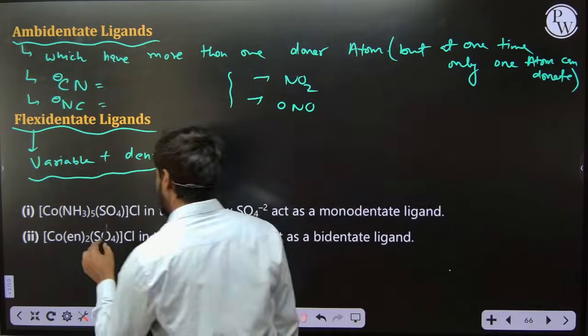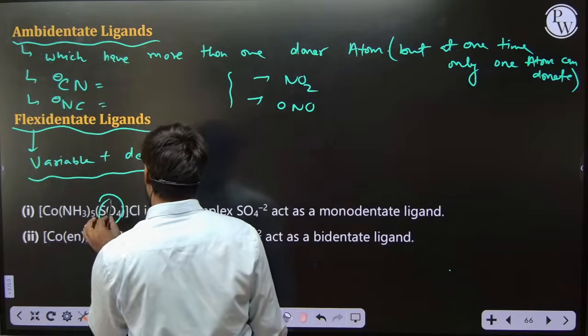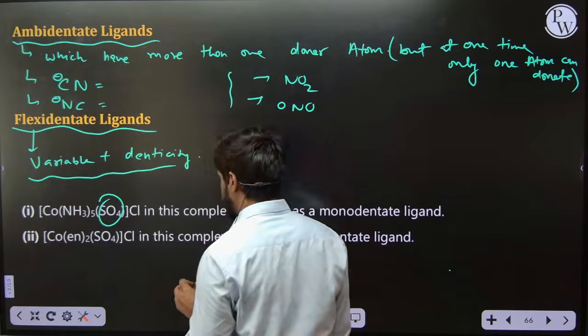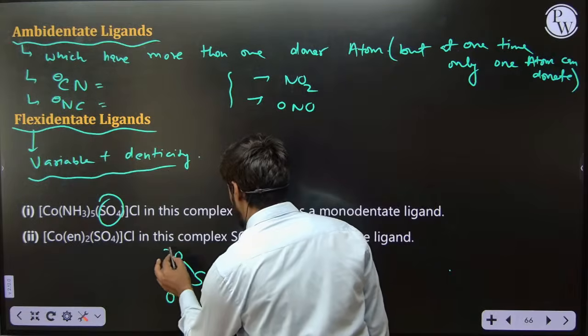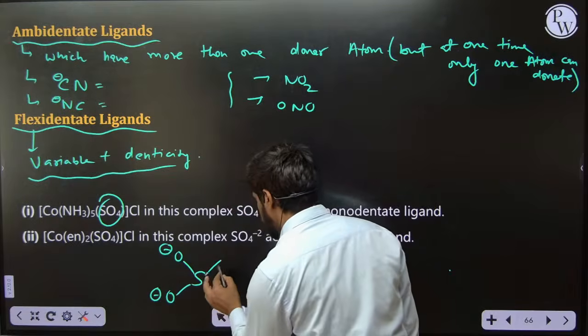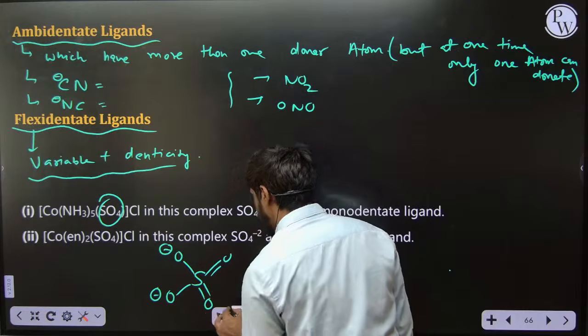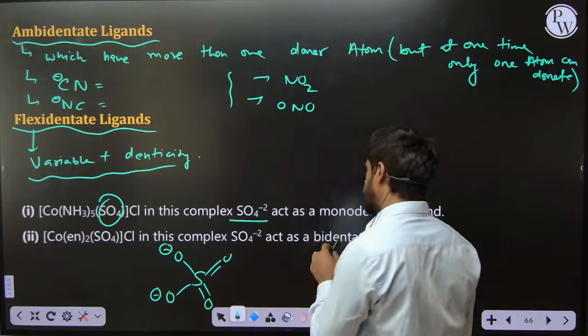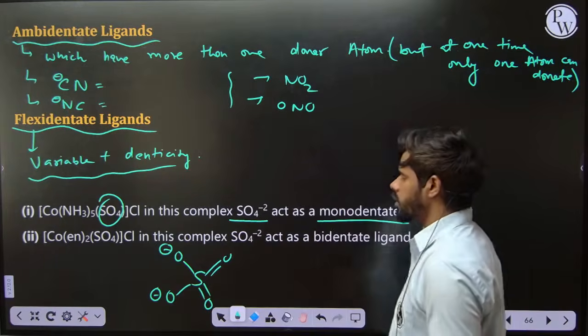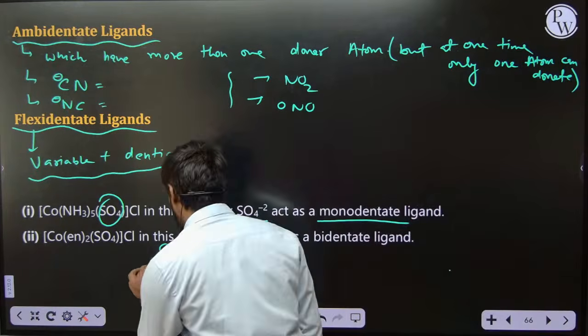For example, SO4 2 minus can have a denticity of 2 or 1 depending on the given complex. In this complex, SO4 2 minus acts as monodentate, since it is donated by one atom, an oxygen atom.